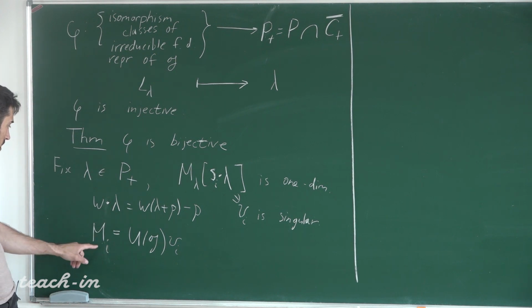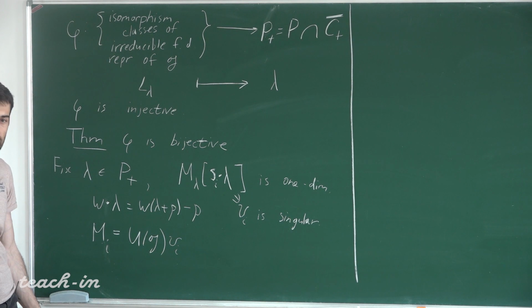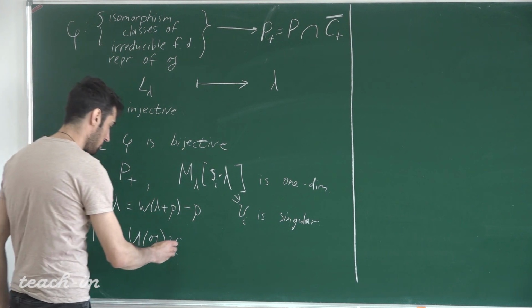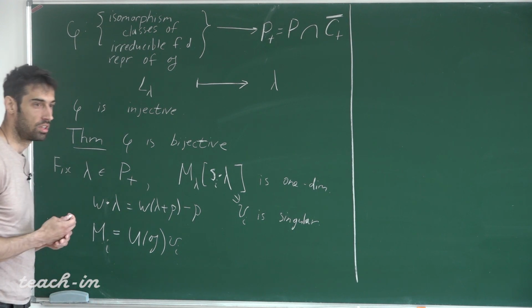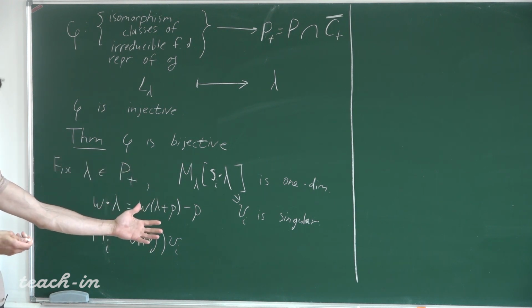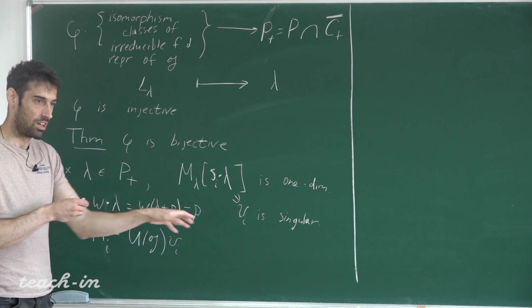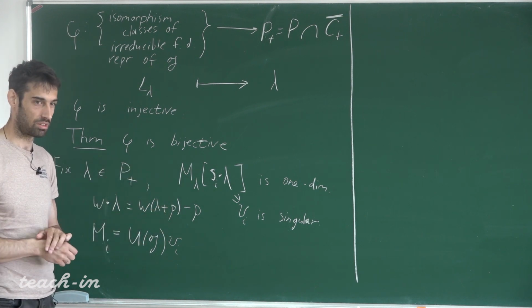In this case, M_i is M of s_i dot lambda. Just to let you know. M_i is a proper submodule of M lambda. We never say that it is isomorphic to some Verma module, not this one. So it's a Verma module which is a submodule in this Verma module.